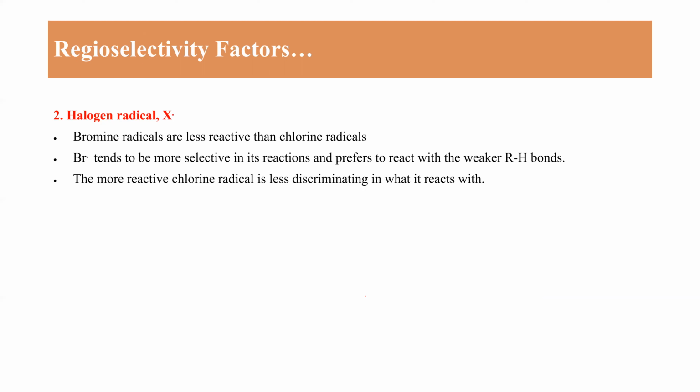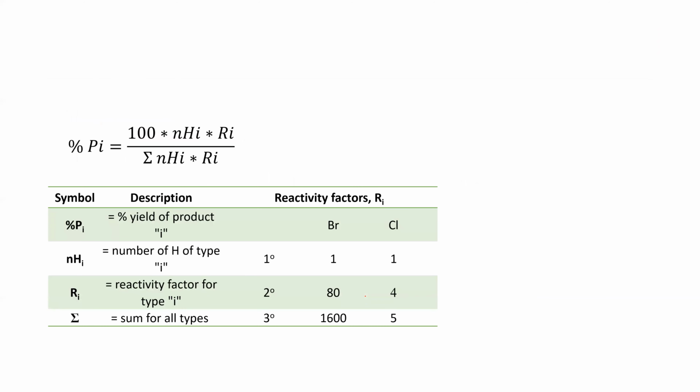Chlorine is more reactive, so it can react with the primary, secondary, and tertiary without major discrimination, right? So it is the least concerned, as compared to bromine, about the tertiary, secondary, and primary one.